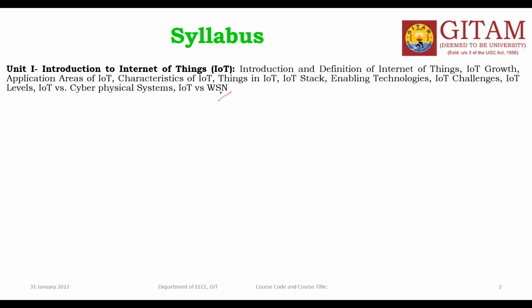WSN means wireless sensor networks. Okay, this is the first module. Some definitions, history and challenges, I think an overview of the IoT we can discuss in the first module.